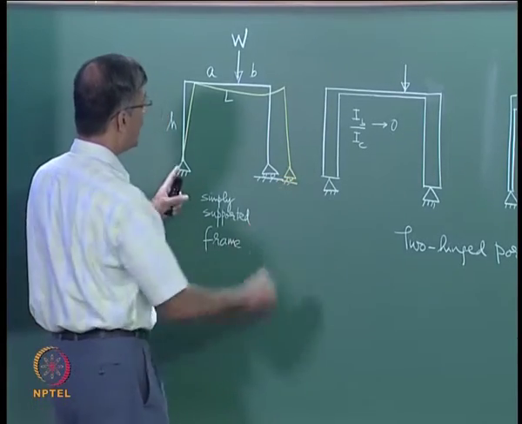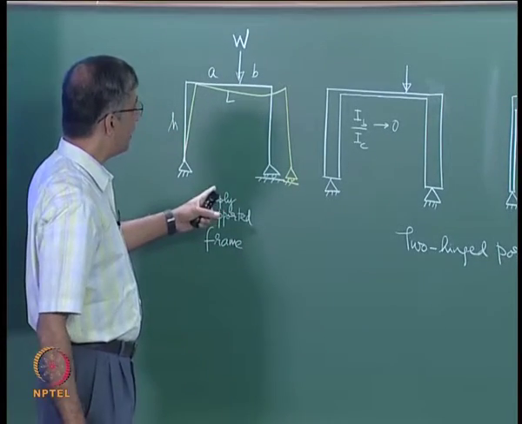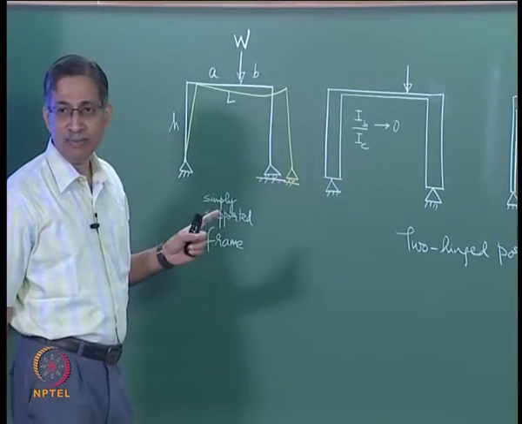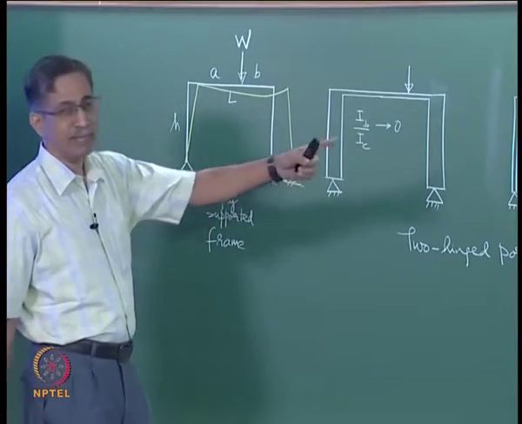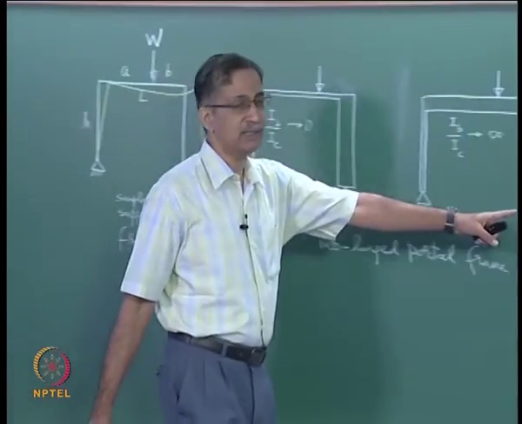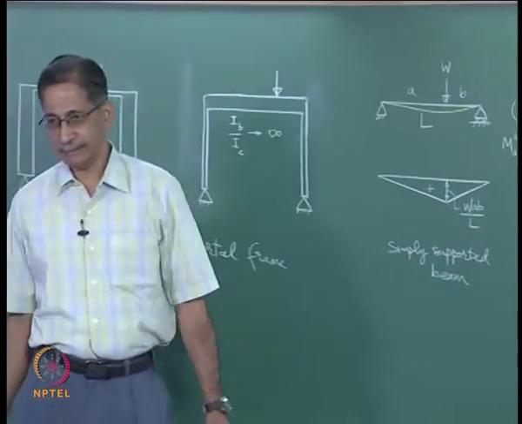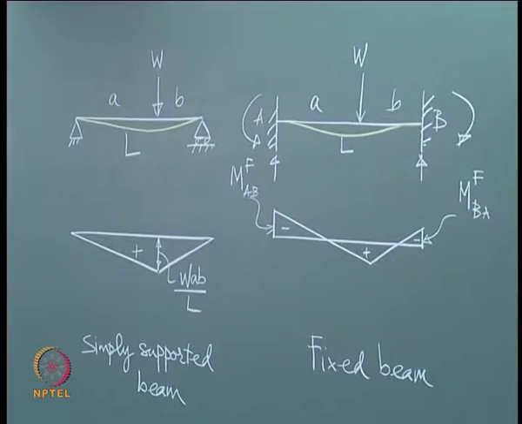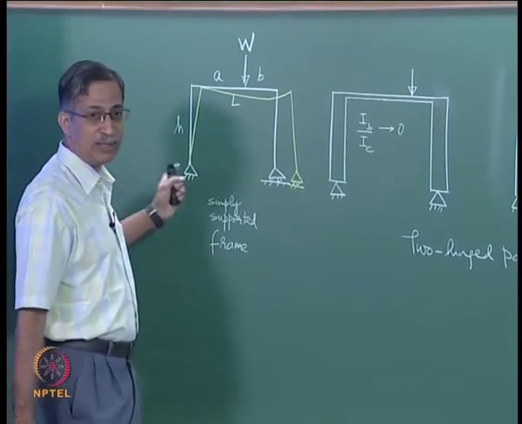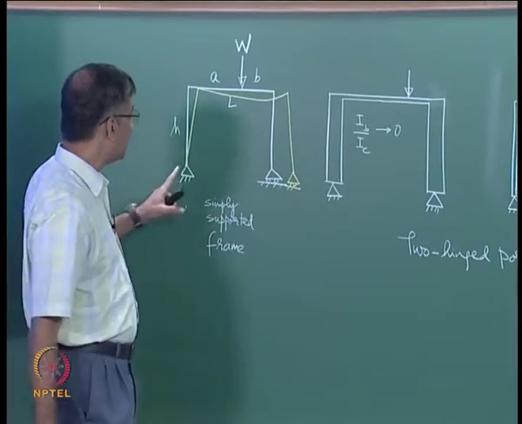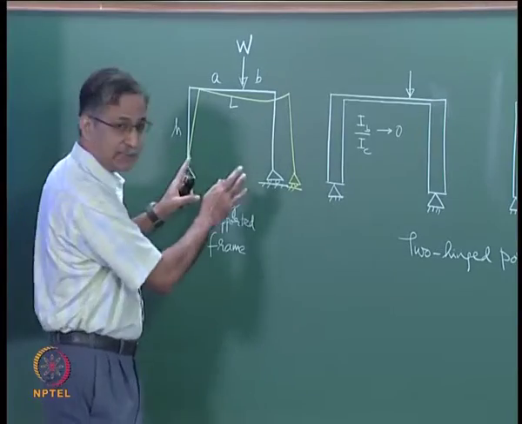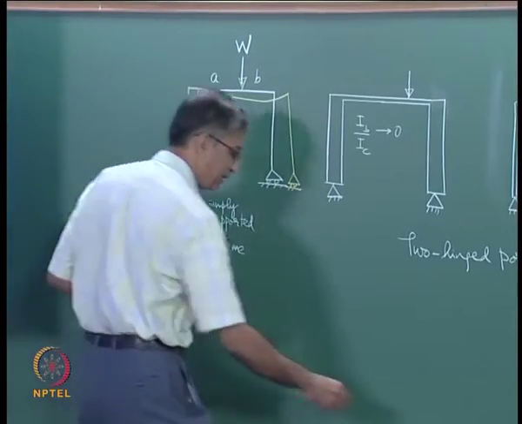So if you were to draw the bending moment diagram of this frame, the vertical elements will have no bending moment and the beam will have the same bending moment as shown here. This is very straightforward, it is a sagging moment diagram. Now if you arrest this movement, you are going to get a horizontal reaction, which means shear in these vertical columns. So you will get this plus an additional effect.